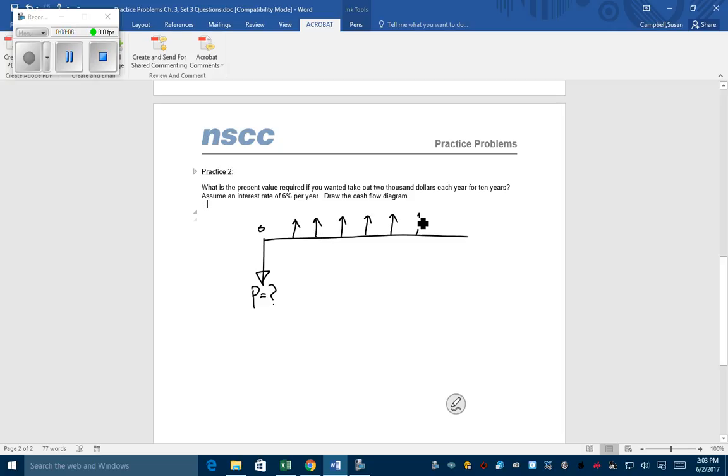Years 1, 2, 3, 4, 5, 6, 7, 8, 9, 10, and that's $2,000 each year.